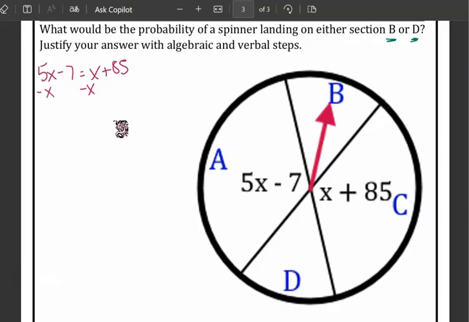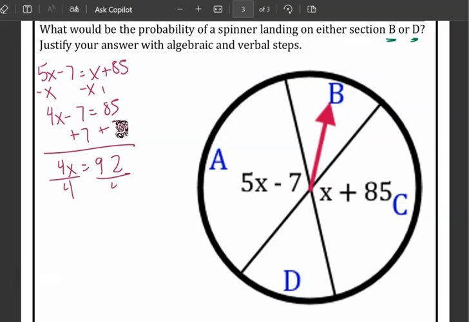Subtract x. Add 7. And divide by 4. X equals 23.